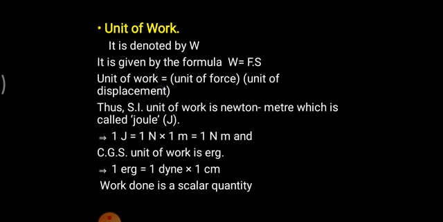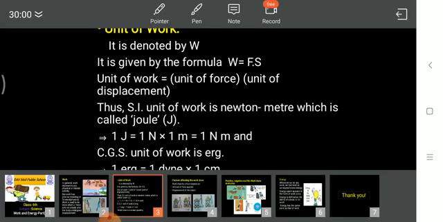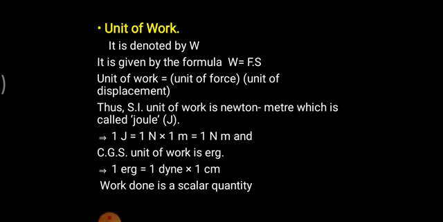Now, the unit of work done, how can we get it? Since we know the force, we have studied previously what force is. The SI unit of force is Newton, and the SI unit of displacement is meter. So for the SI unit of work done, you simply replace the units of force and displacement in the formula, and you will find a new form of unit.